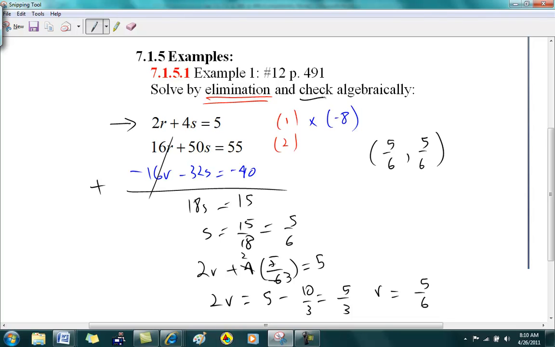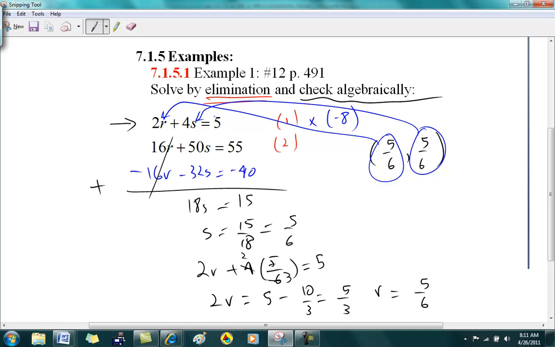And it's asking us to check algebraically, which means that we need to go back and plug it in, and make sure that it's working. So take this and put it in there, and let's see if you do get a 5. So it becomes 2 times 5 over 6 plus 2 times 5 over 6. Notice I'm not going to say it's equal to 5. I don't know if it is, okay?